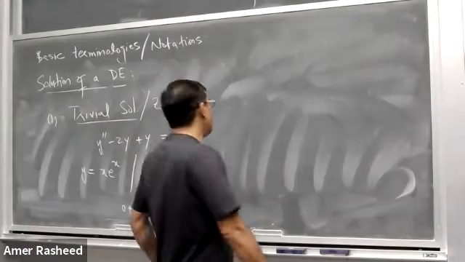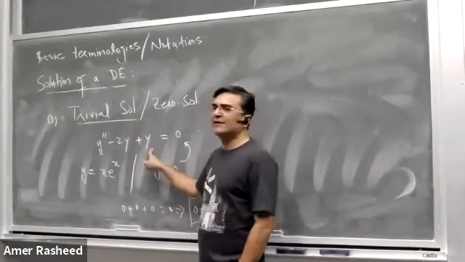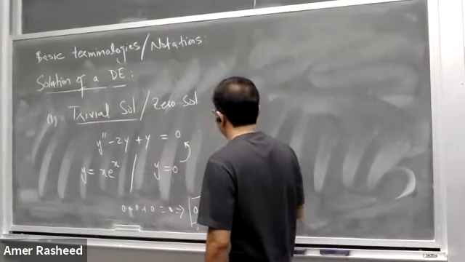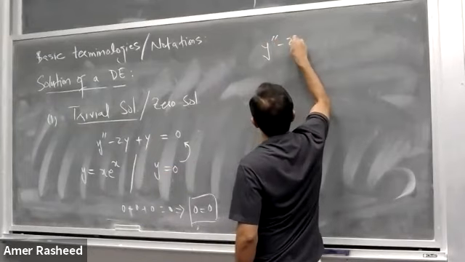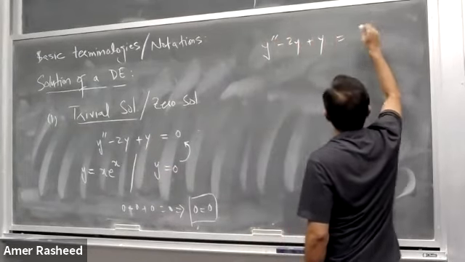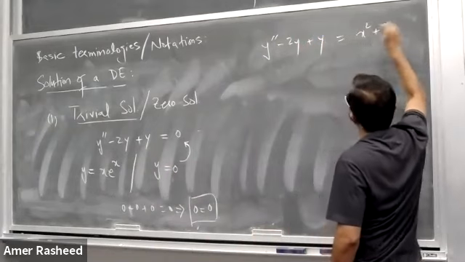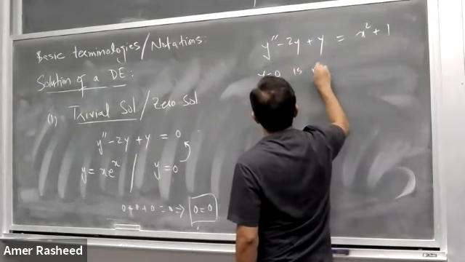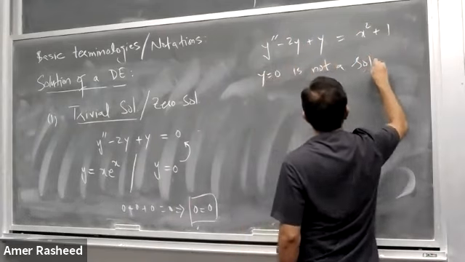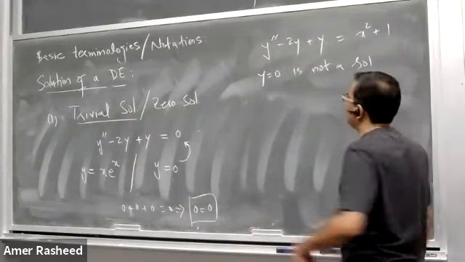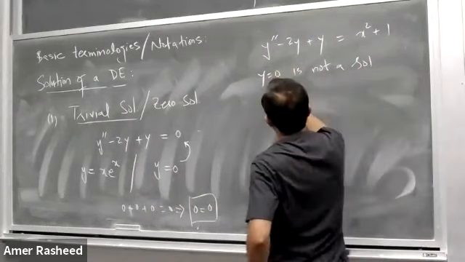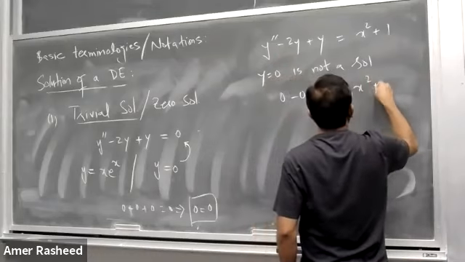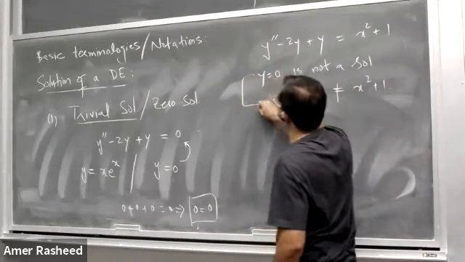This always exists for homogeneous ODEs. If you have a non-homogeneous one, for instance if I put y double dash minus 2y dash plus y is equal to some function, x squared plus 1, now y is equal to 0 is not a solution, because putting y equal to 0 gives 0 minus 0 plus 0, which is not equal to x squared plus 1. So this is not a solution of this differential equation.